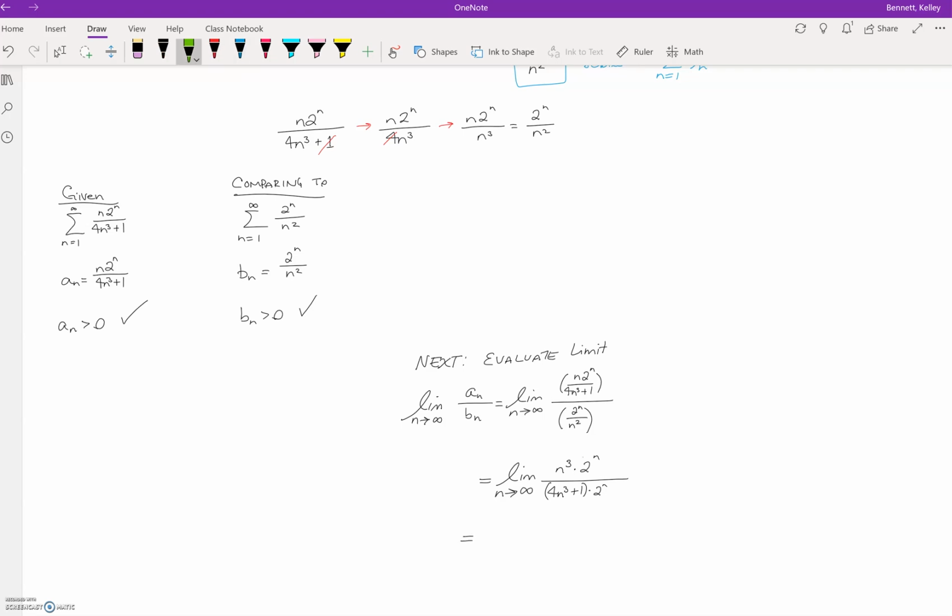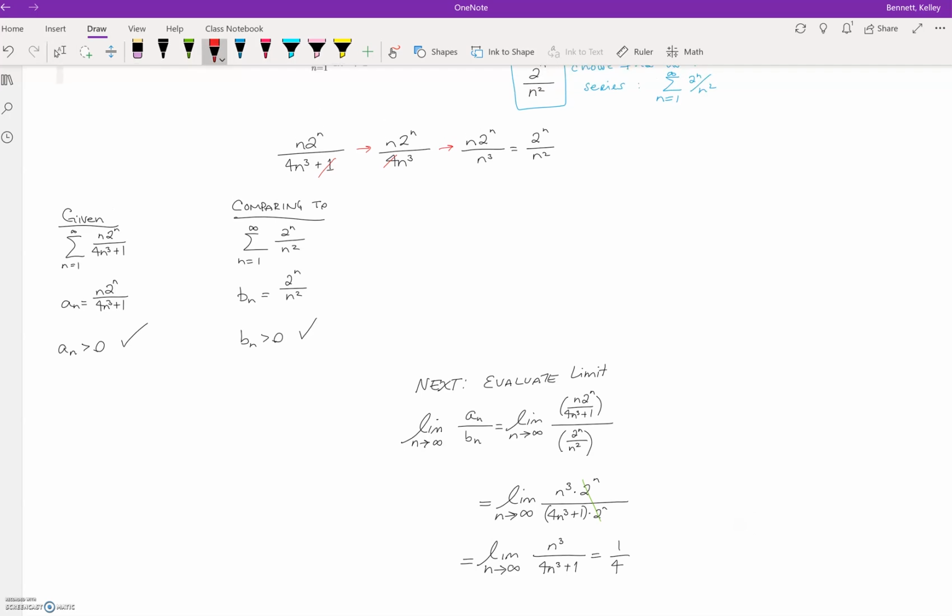I can get rid of my 2 to the n's. So this will be the limit as n goes to infinity of n cubed over 4n cubed plus 1. And again, this is a really straightforward limit to evaluate, and we'll see that the limit is 1/4, which is good because 1/4 is finite and positive.